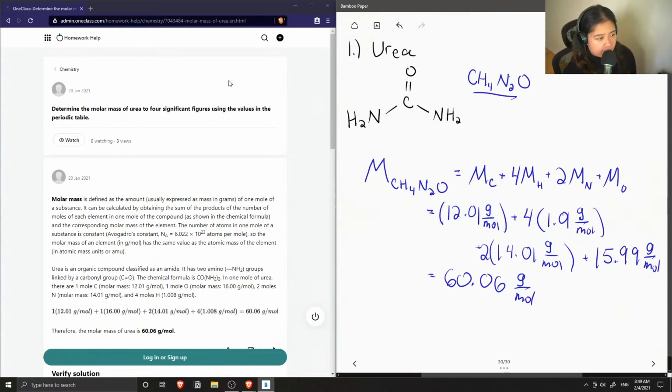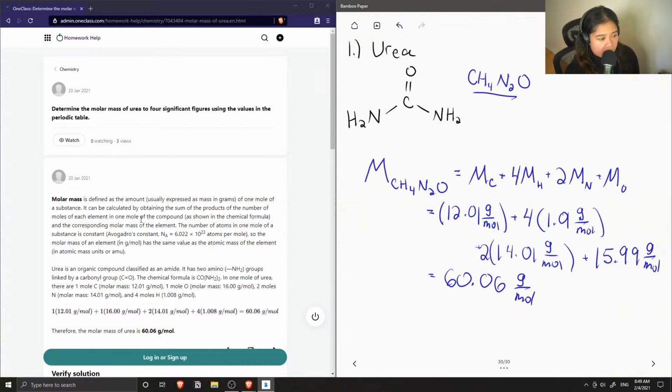Now let's look at what the junior tutor said. Molar mass is defined as the amount, usually expressed as mass in grams, of 1 mole of a substance. It can be calculated by obtaining the sum of the products of the number of moles of each element in 1 mole of the compound, as shown in the chemical formula, and the corresponding molar mass of the element.